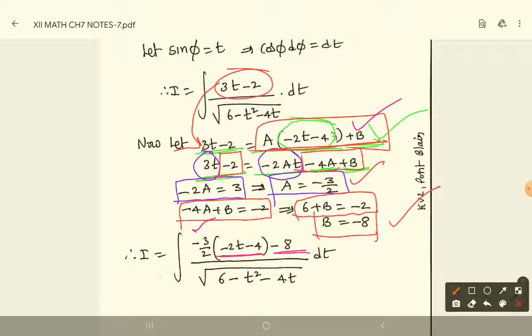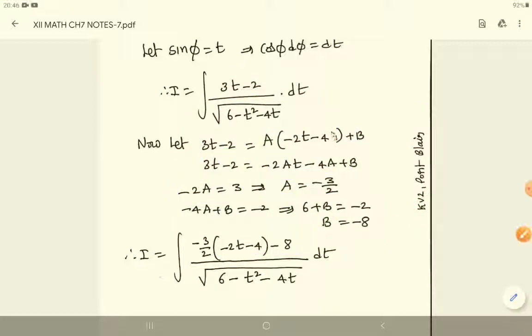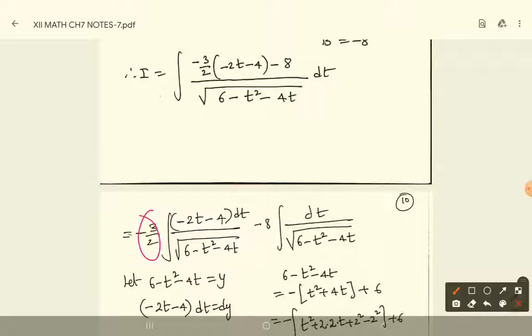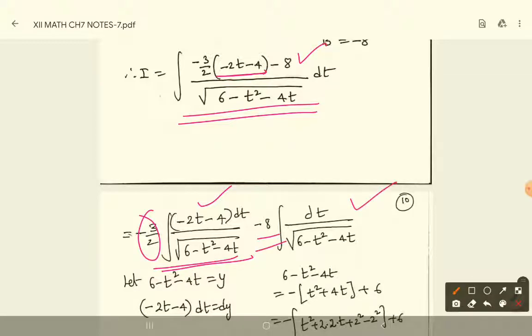So now splitting of the fraction. Now what to do? Splitting of the fraction. Look, minus 3 by 2 outside, (minus 2t minus 4) by root over (6 minus t square minus 4t), minus 8 outside, dt by root over (6 minus t square minus 4t).